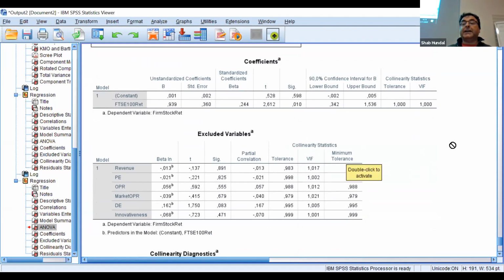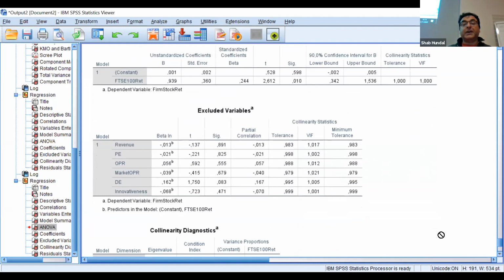But it's not a bad idea to have a look at the remaining variables. There could be some surprise for us as well. And the surprise is that even though these variables are excluded, there's one variable which is significant because it's less than 10%. And that is debt to equity ratio. So don't outrightly reject the excluded variables. You might find some good surprise.